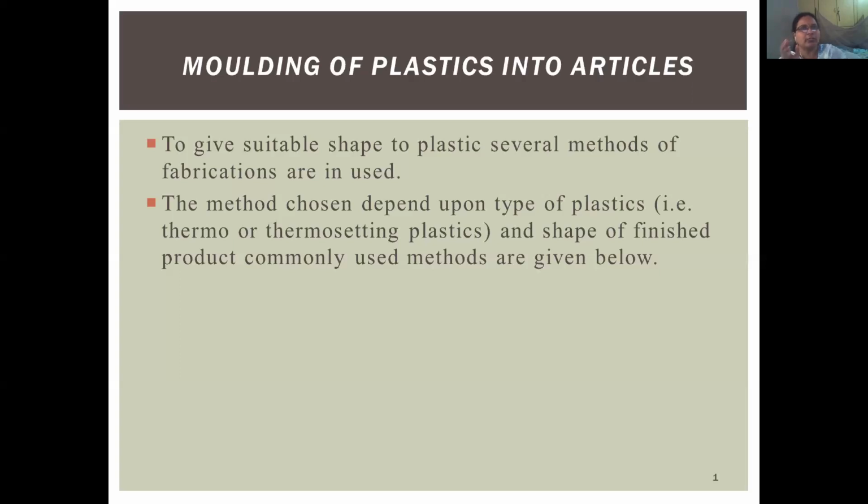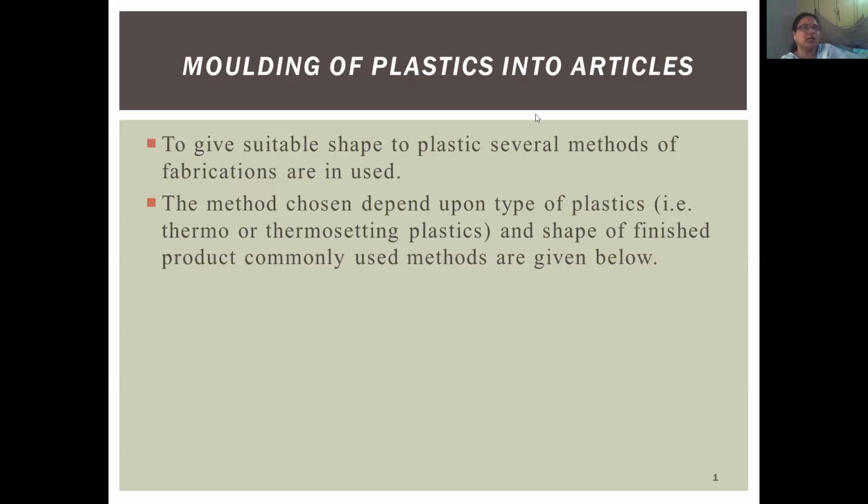Whereas thermosetting plastic, upon initial heating, becomes soft, but on further heating, becomes hard. So there is no need of cooling for thermosetting material. For thermoplastic material to be taken out from the mold, we need cooling. Otherwise, for thermosetting material, we don't need any cooling.